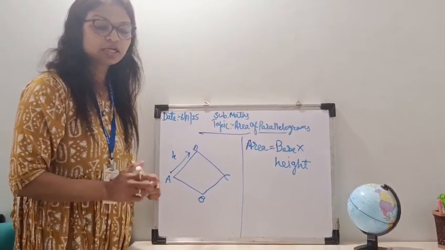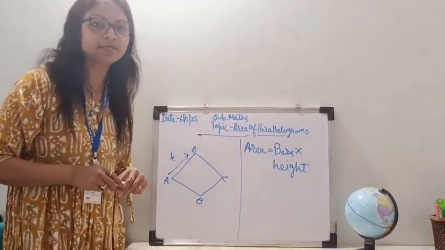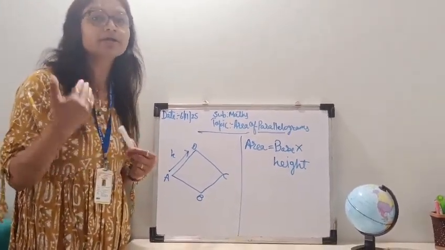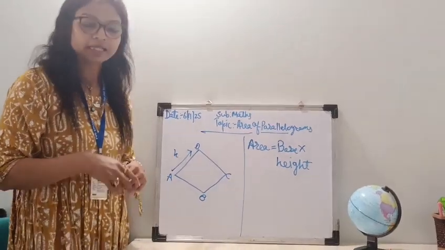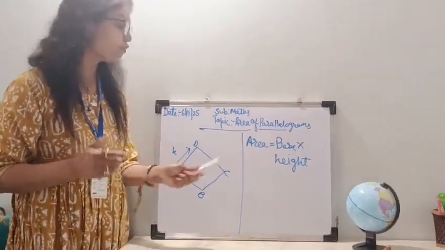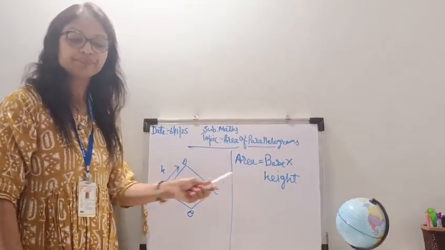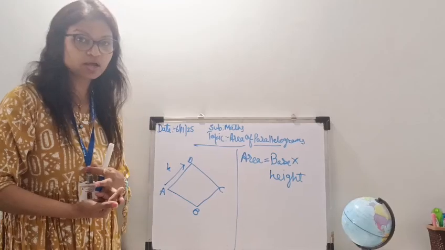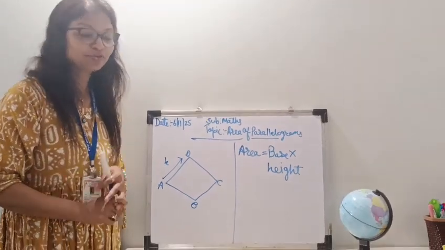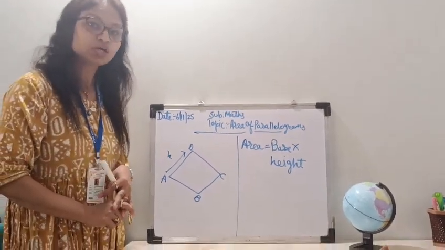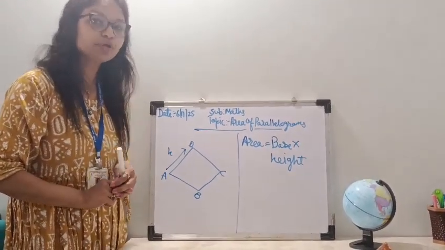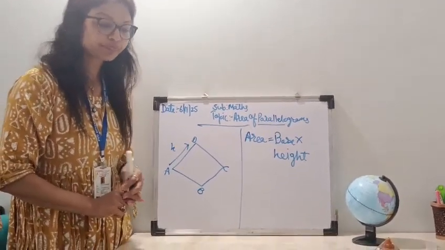So for this, now you all can write down or note down what is the formula of parallelogram, which is very important. Okay, what is parallelogram? What is rhombus? You have to learn it. Hope we all are clear up till now.